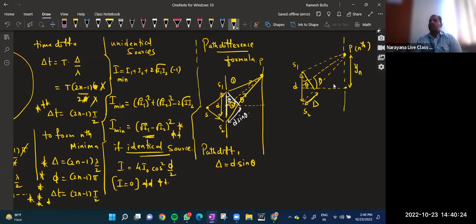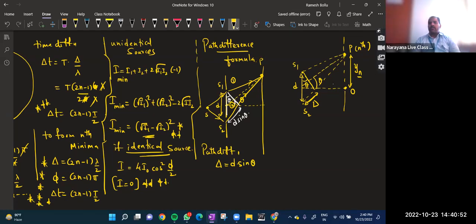Yn, no? Every distance should be measured from the center of the screen. I told you, without a frame of reference, without your origin, no maths analysis can be done. Here all distances, how can you measure? From the center of the screen. Yn is nothing but the distance between the center of the screen and the point P.